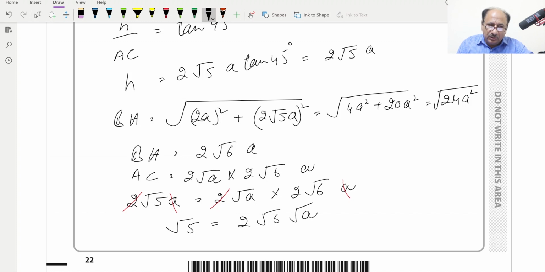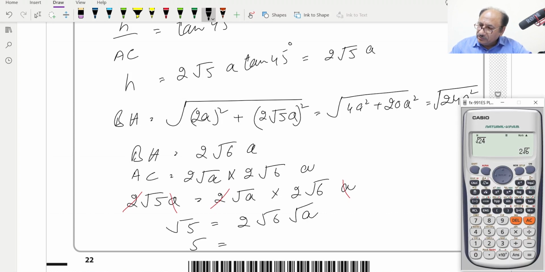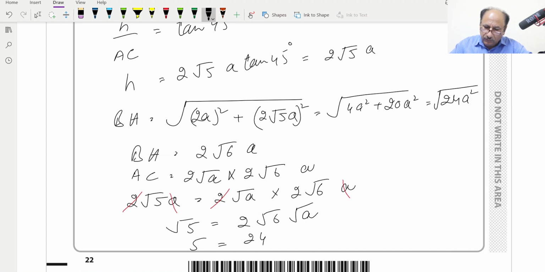Now we can take square on both sides. This will be equal to 5, and the square of 2 under root 6, sorry, I have to put brackets over here and here, and then take the square, and this is equal to 24, so this will be 24 and A. So A is equal to what?